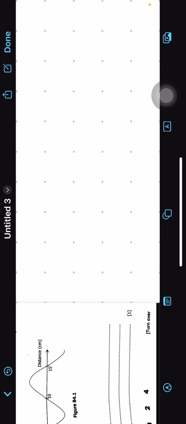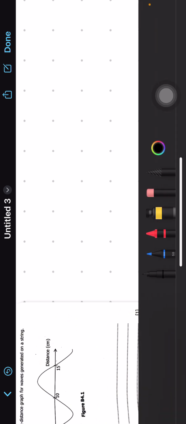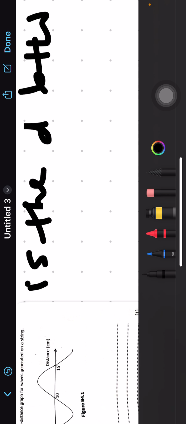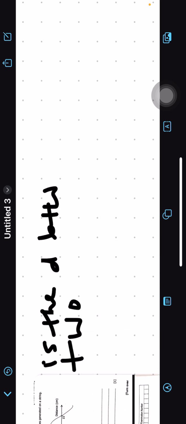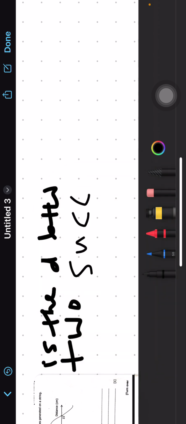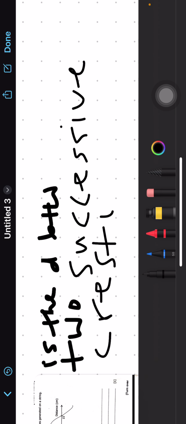Wavelength is the distance between two successive crest or trough.